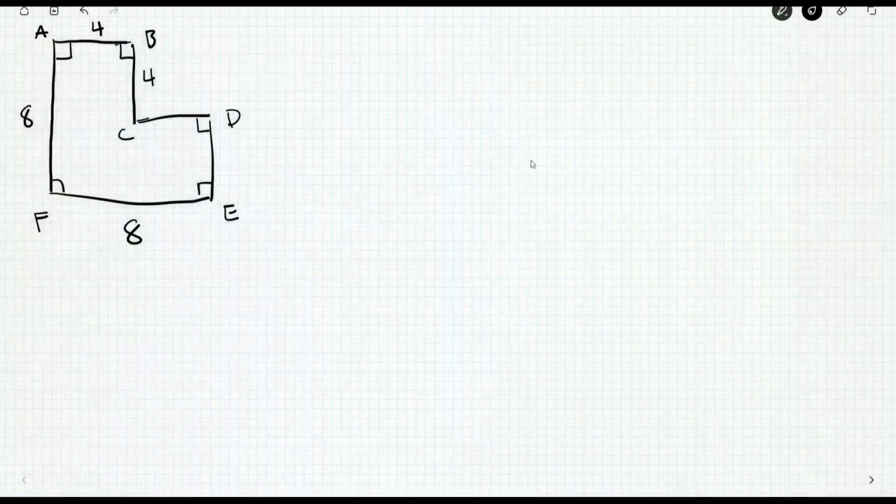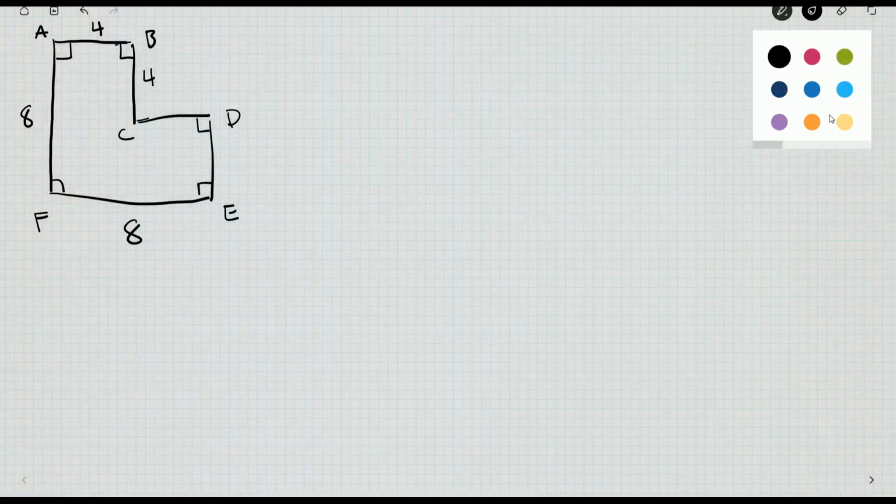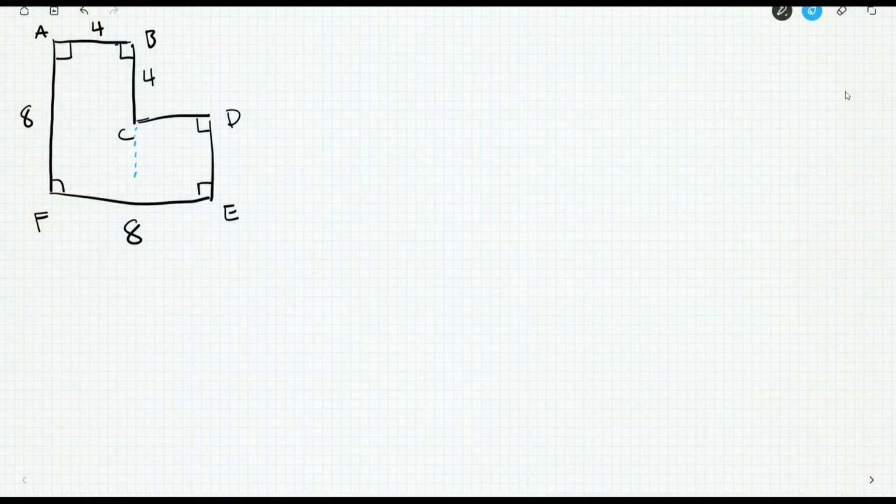Okay? So a big rectangle with a small triangle removed, you figure out the area of the big rectangle, subtract the area of the small triangle, that sort of thing. So we have lots of approaches here. The one that jumps out to me immediately would be chopping it up maybe like this, or like this, something like that.